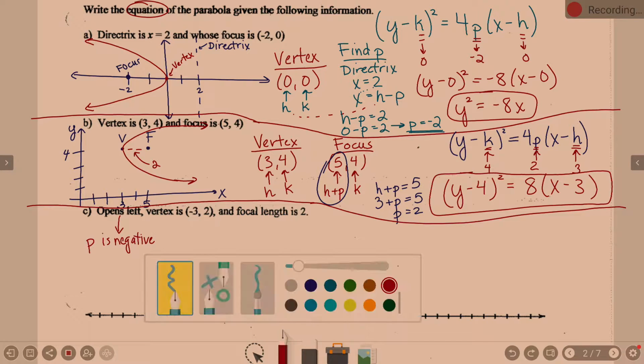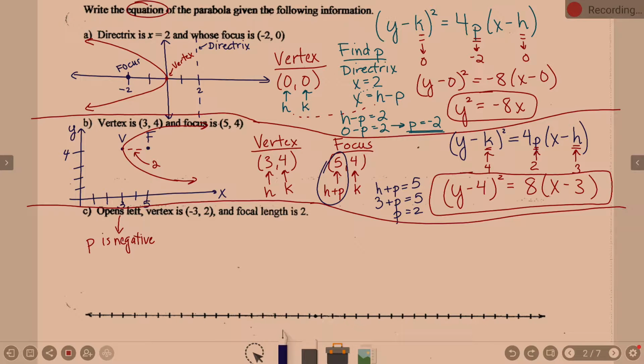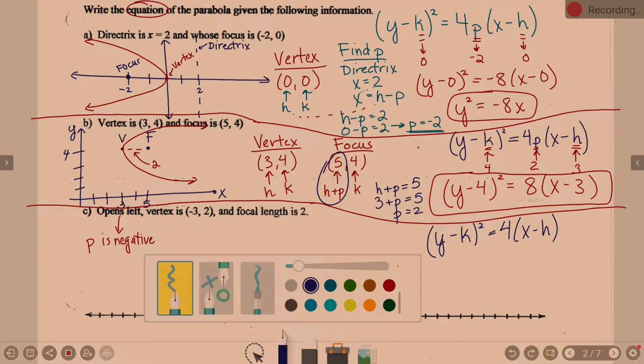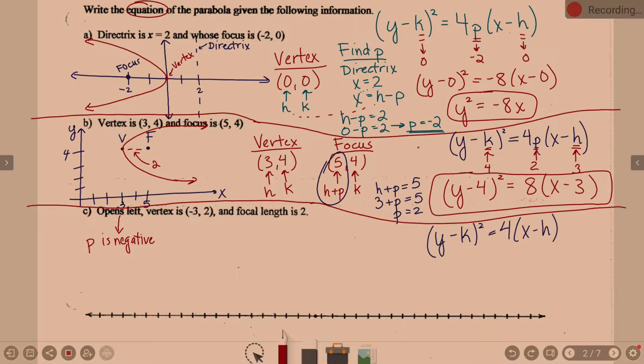Now, also if it opens left, does that tell you which equation to grab? You're grabbing that same equation again of y minus k squared equals 4p times x minus h, because it opens left or right. Okay, what else do we know based on the given information? P is negative.